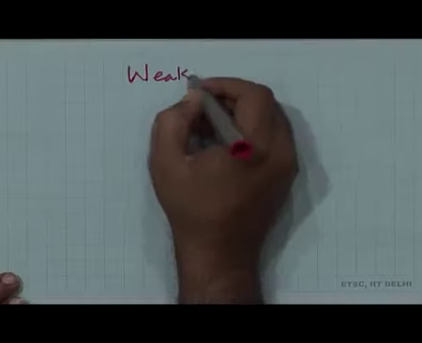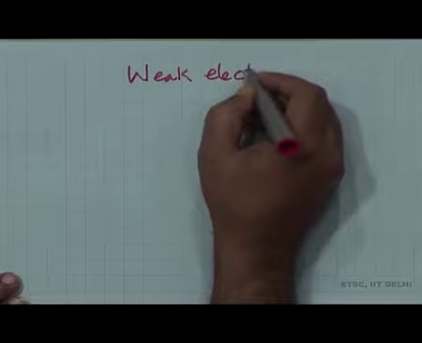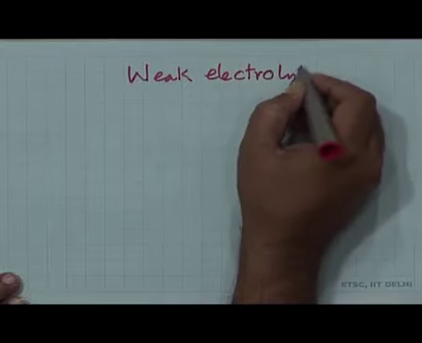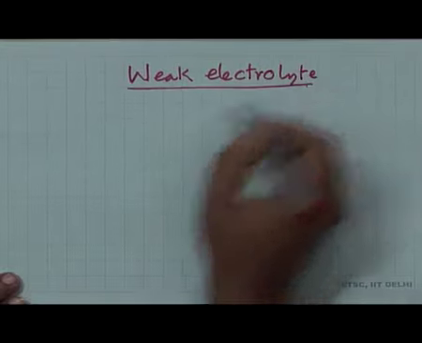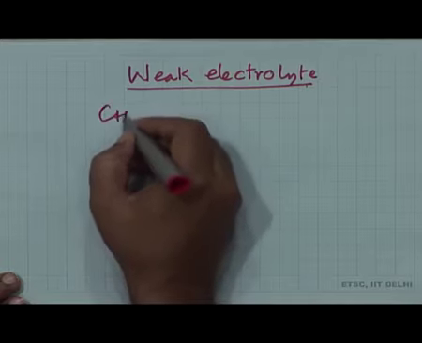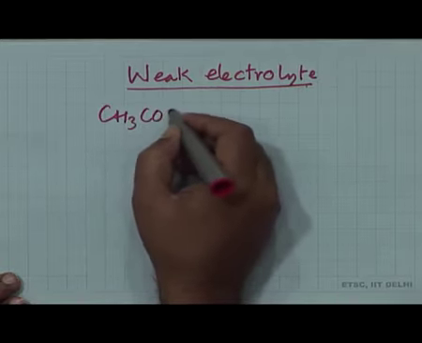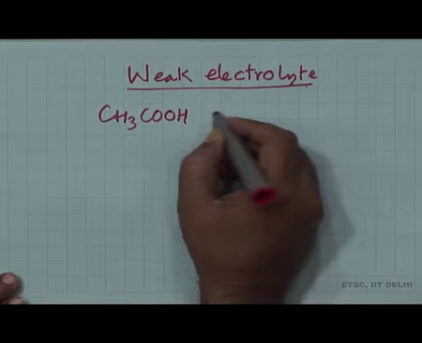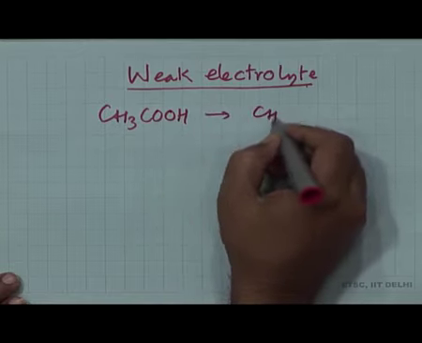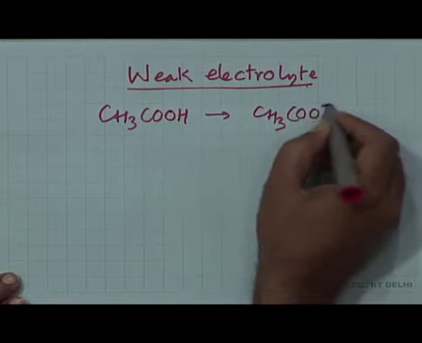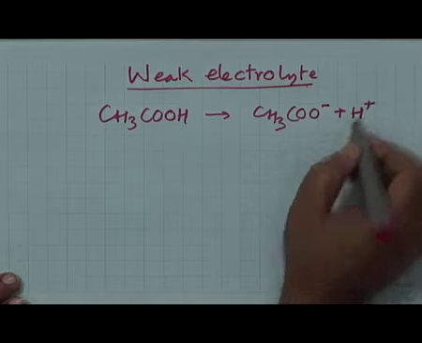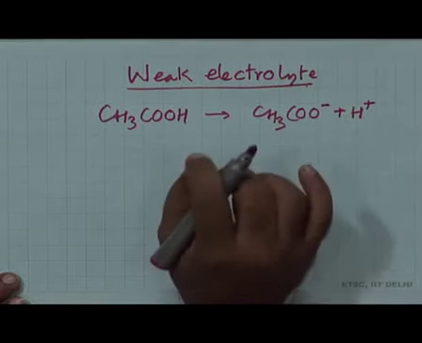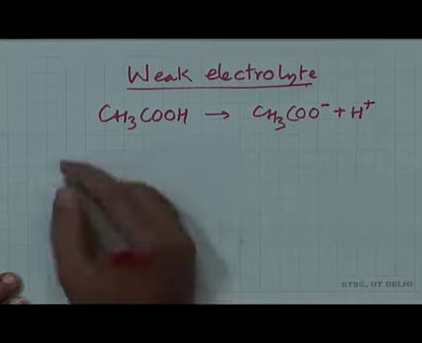On the other hand, in case of a weak electrolyte, for example acetic acid, the behavior of the anion and cation will be different.